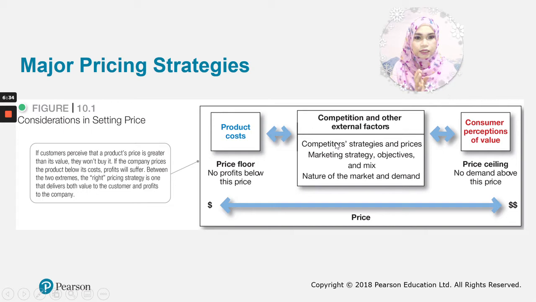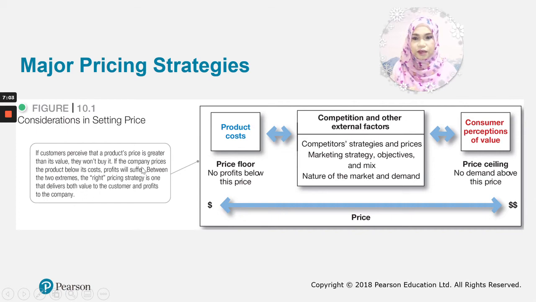Another strategy that you can use is competitors' pricing, whereby you will look at the competition and also other external factors like your company strategy, your marketing strategy, your objective, and your marketing mix, as well as the nature of the market and the demand. Look at here. If the customer perceives that the product's price is greater than its value, they won't buy it.